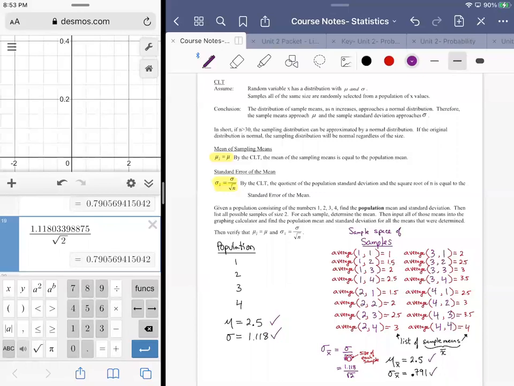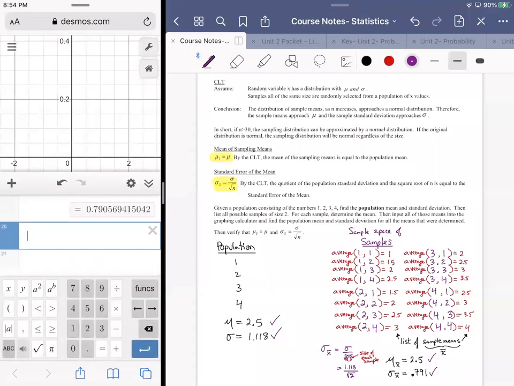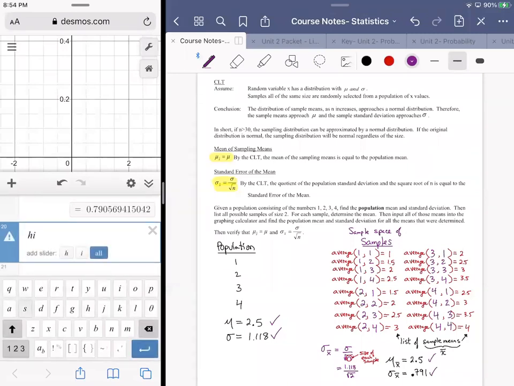of the central limit theorem is it allows for distributions that are not necessarily normal to be converted into distributions that are normal, right? So what we're looking at here is a uniform distribution. The numbers 1, 2, 3, and 4 all occur equally, right? But if I were to create the graph of, let me see here, I might be thinking of a different function.